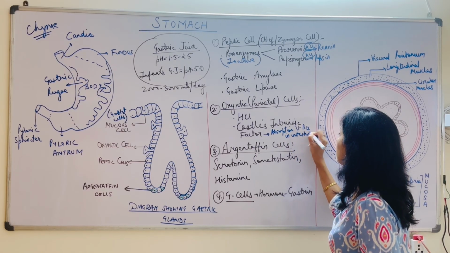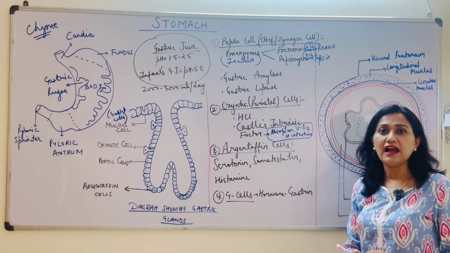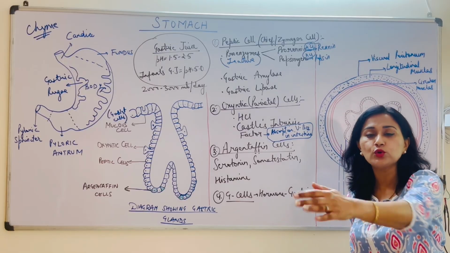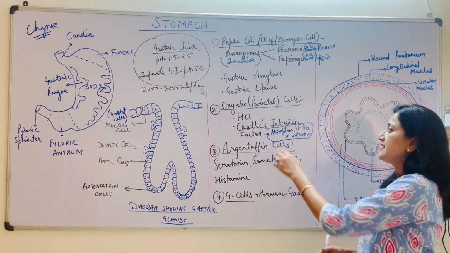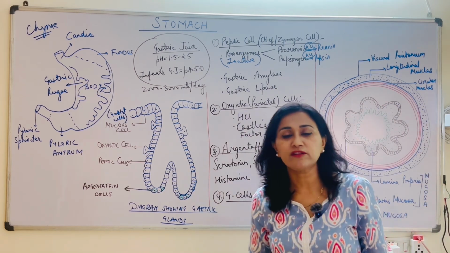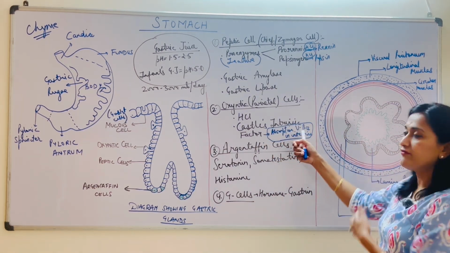So this is secreted here, and in the small intestine after the food digestion takes place, this Castle's intrinsic factor goes there and helps in the reabsorption of vitamin B12, which is very important for hemopoiesis as we know. So this is a very important factor for it.